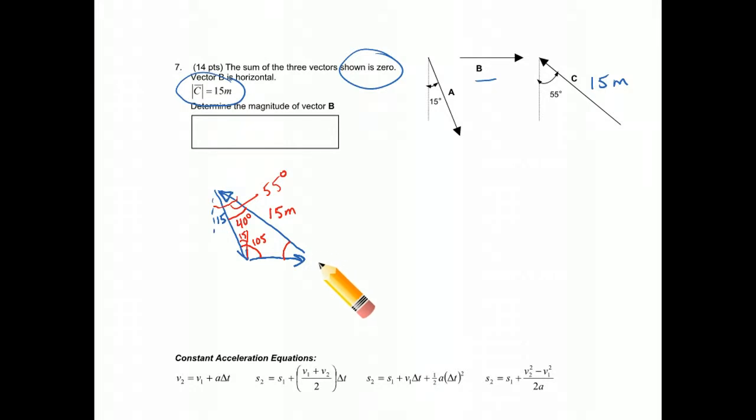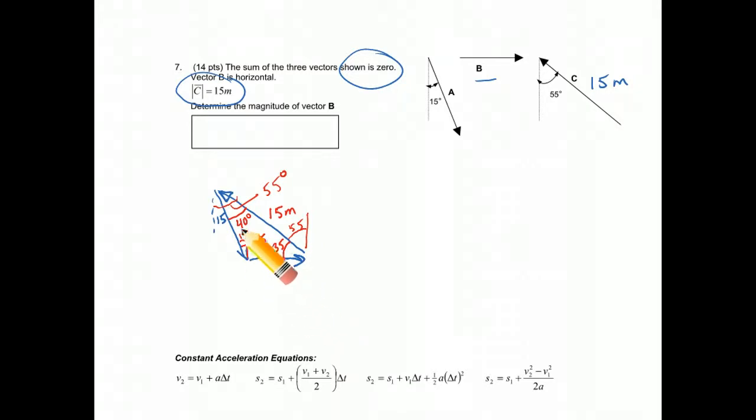Actually, you can get that a couple different ways. You know that this angle's 55. Is that right? Yeah, that's alternate interior with the 55. So this has to be 35. And as a double check, we can make sure they add up to 180. 105 plus 35 is 140, plus 40 is 180.